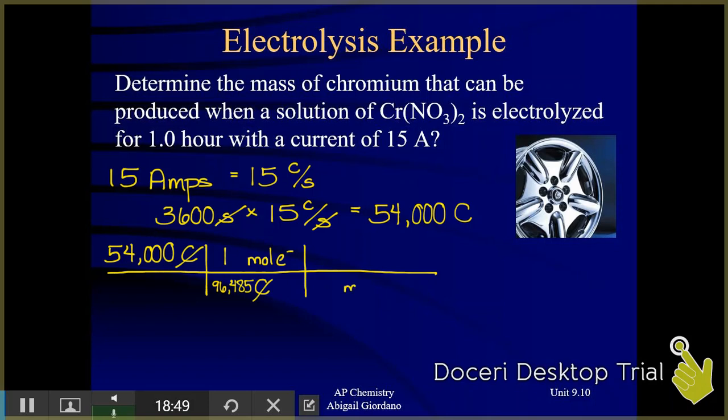Okay, I'm going to put moles of electrons here. And now I can get to, watch, moles of the metal that we are talking about. Okay, now, how do you know what numbers to put where?